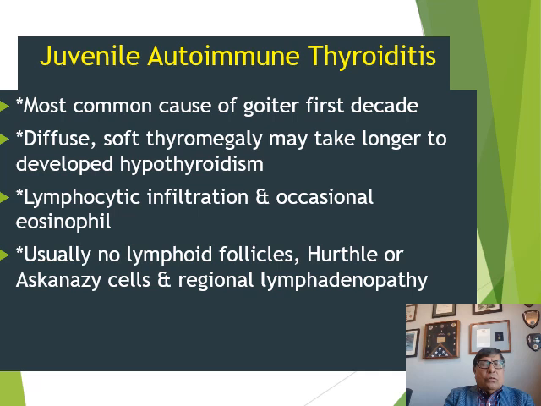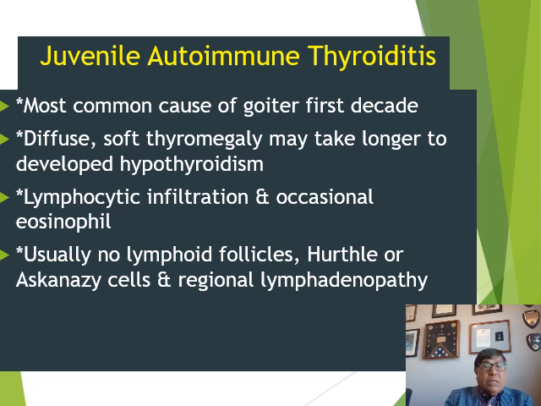Now, juvenile autoimmune thyroiditis is less common than the typical Hashimoto's thyroiditis we see in the pubertal and post-pubertal age. But this is also the most common cause of goiter in the first decade of life.